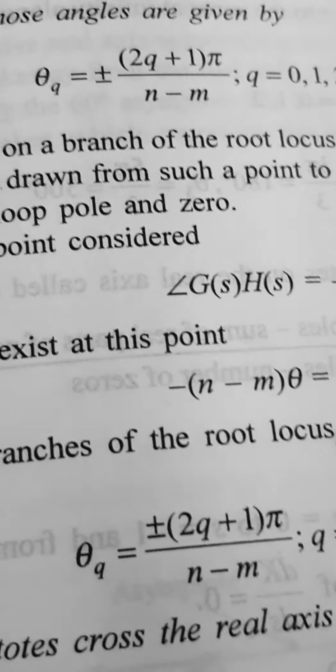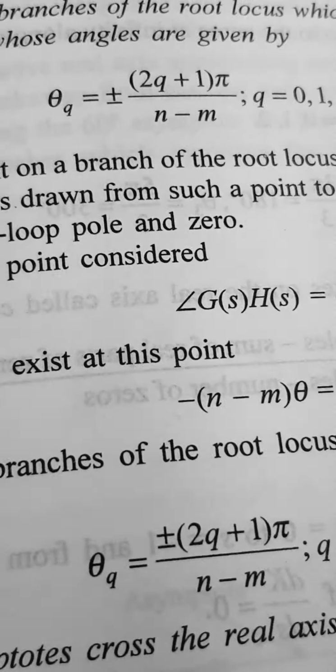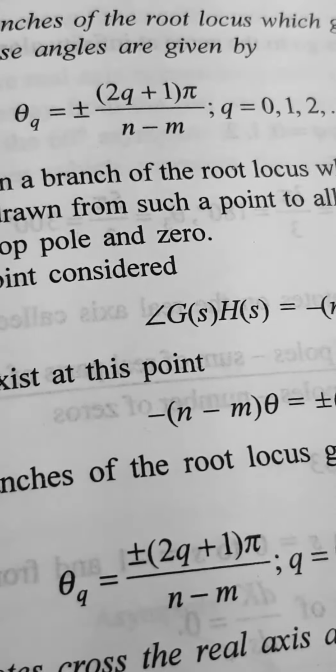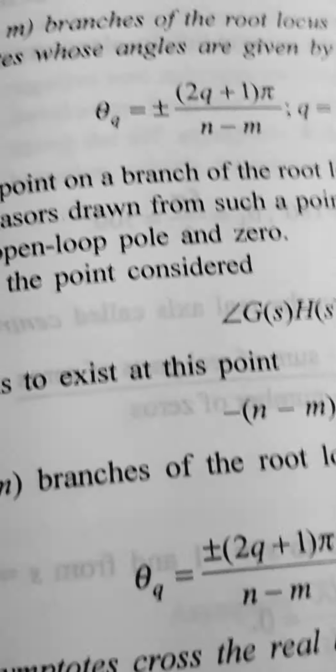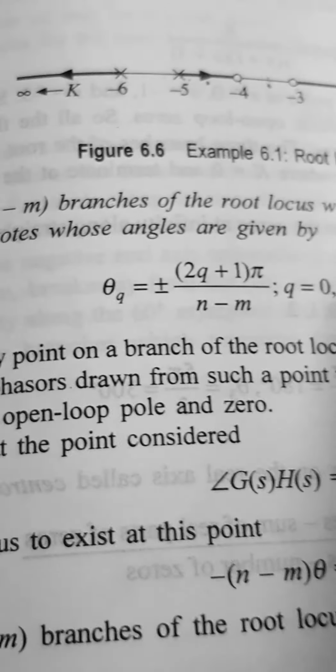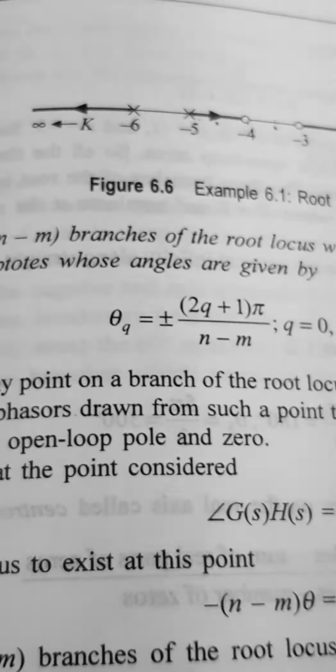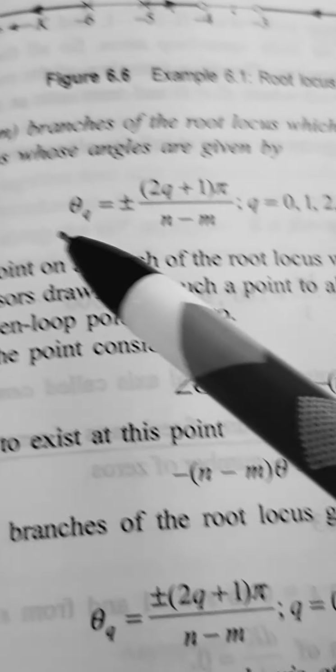It continuously approaches but does not meet it at any finite distance. It won't coincide, but it will constantly approach. That means it will go in parallel with the curve but won't meet it; that is known as an asymptote. So this finds the angle of asymptote.